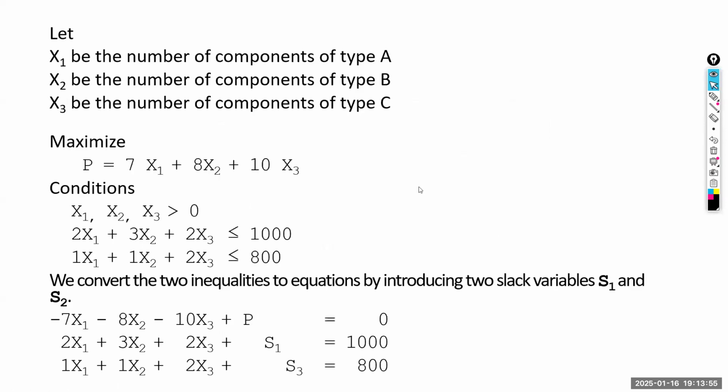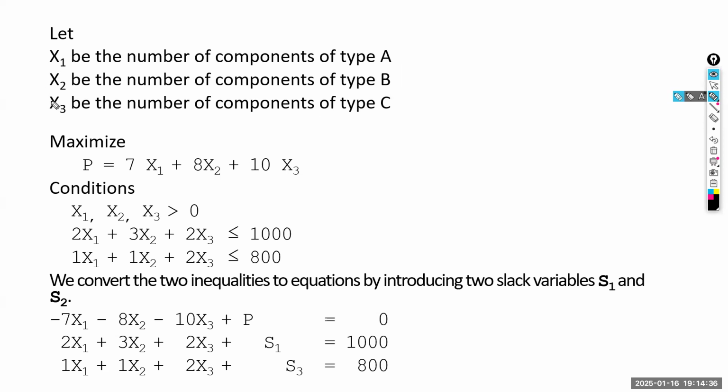Now we want to put it into variables. These are maximization problems. So let's assume x1 is the number of A components, x2 the number of B components, and x3 the number of C components, or you can say x, y, z, or A, B, C. Then our profit formula is, because every unit of A gets 7 profit, 7 into x1, because we are going to produce x1 components of A. These are independent components.